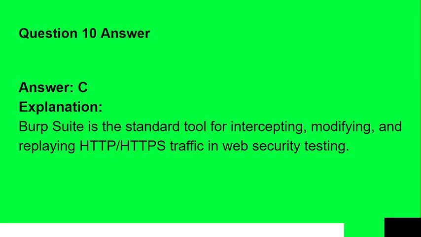Answer is Burp Suite. It is the standard tool for intercepting, modifying, and replaying HTTP or HTTPS traffic in web security testing. So if you're doing penetration testing and you're testing a website, you need Burp Suite.